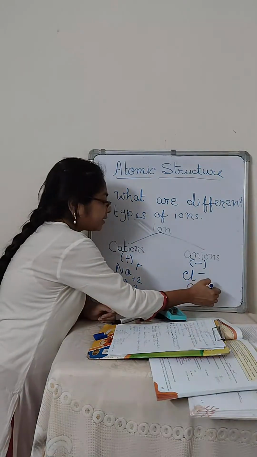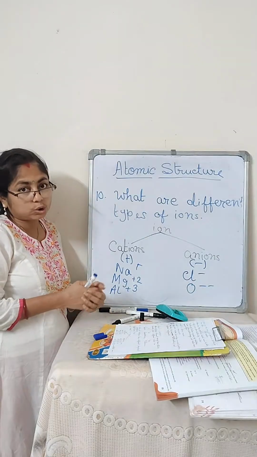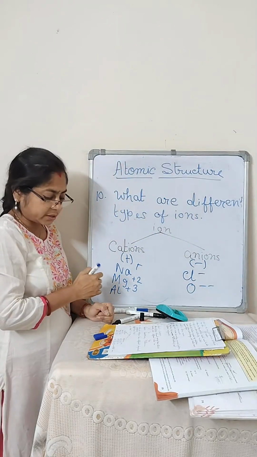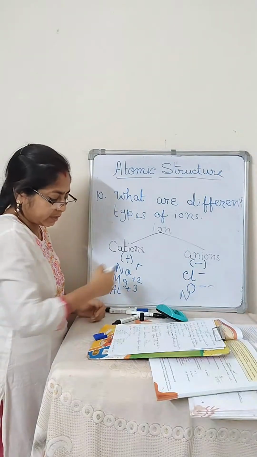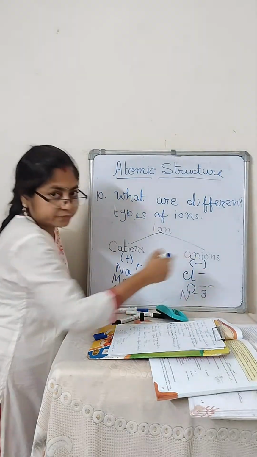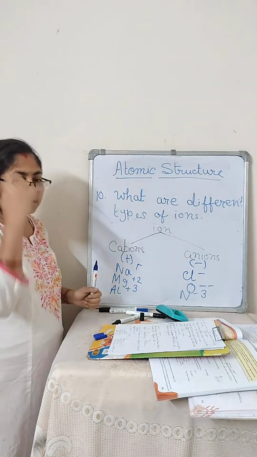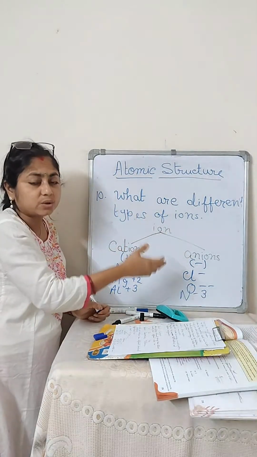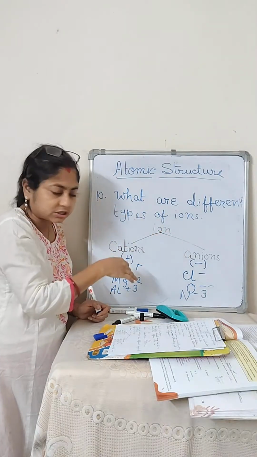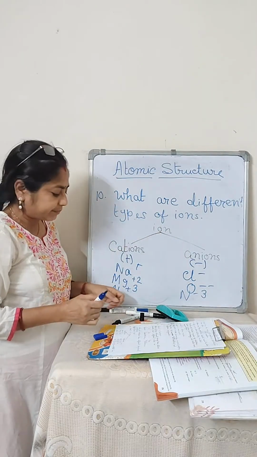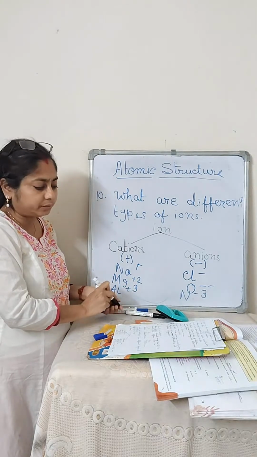Oxygen, minus 2, means 2 electrons accepted. Nitrogen, it is minus 3, nitride form. Clear? Ions are of two types, anions and cations. Cations have positive charge, anions have negative charge. Please copy from the board.